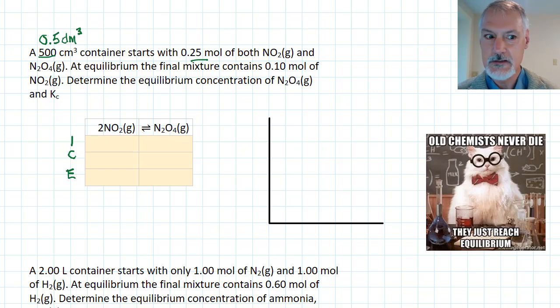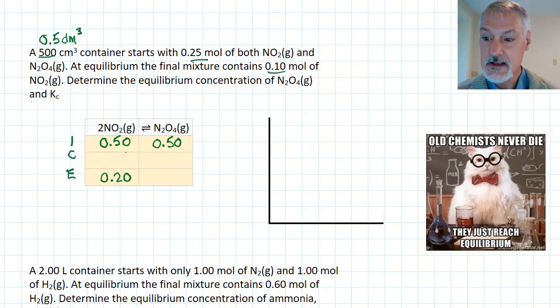So 0.25 divided by 0.5 will give me starting amounts of 0.50 and 0.50. At equilibrium, I'm found I have 0.1 moles of NO2. So I'm going to take that 0.1 and divide it by a half, giving me 0.20.